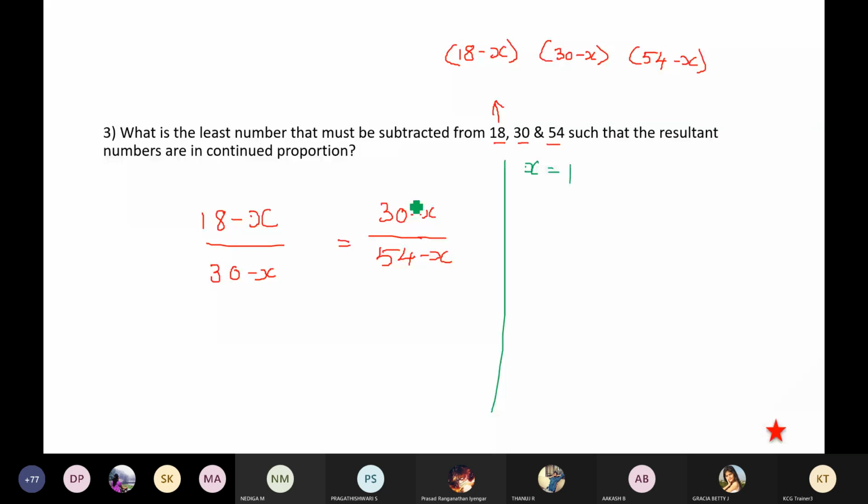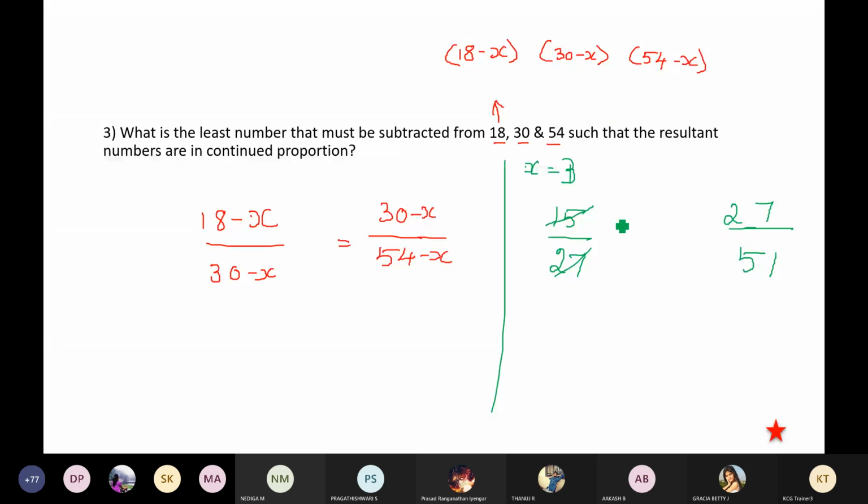If I take x is equal to 3, what do I get? Let's check that. Listen here. If x is equal to 3, what happens to my LHS? 15 divided by 27. What is my RHS? 27 divided by 51. If I cancel it out in terms of 3, I get 5 by 9.